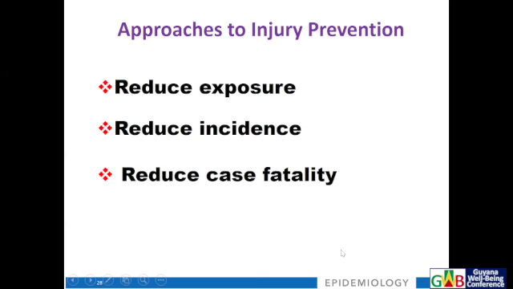That simple equation implies there are three approaches to injury prevention. Number one, you could reduce exposure to injury. Number two, you could reduce the incidence density given exposure. And finally, you can reduce case fatality after injury through, say, improved EMS system, trauma care, rehabilitation, and so on.